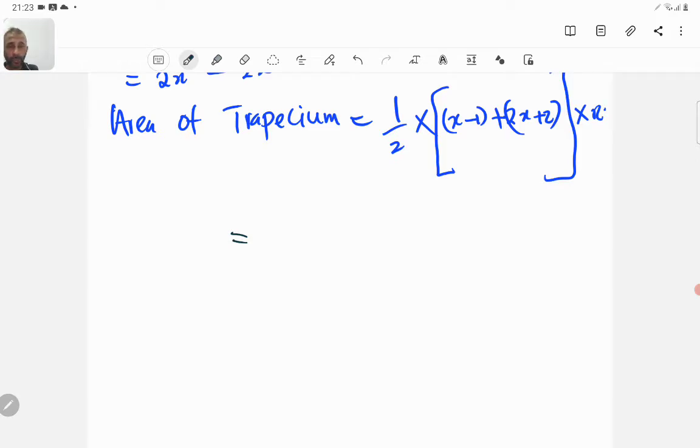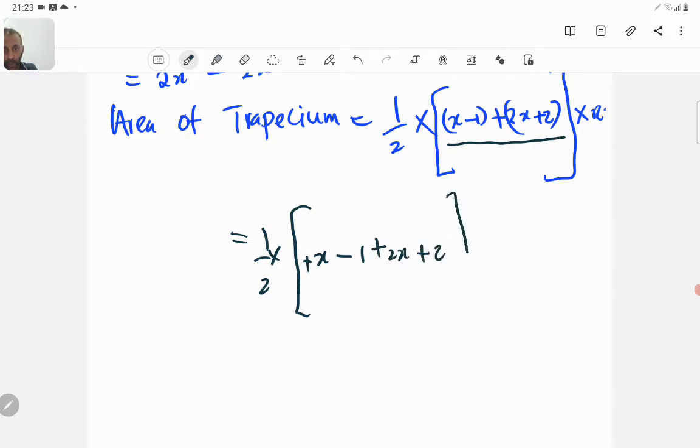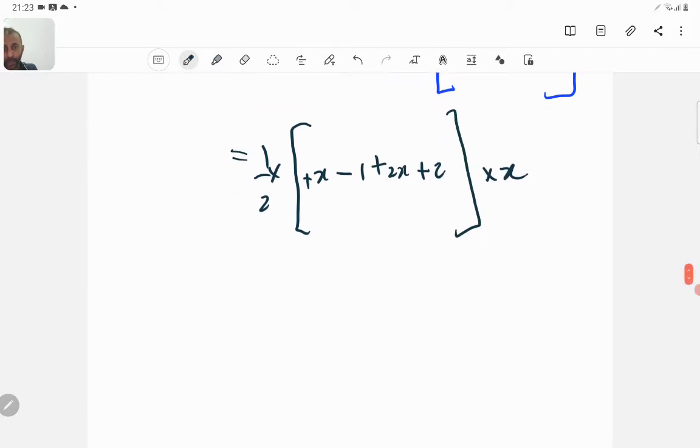The second one is half into, let's first simplify the expression within the bracket. So let's expand the internal bracket: x minus 1, plus x, minus 1, plus 2x, plus 2 into x. So if you do that, half into, here plus x, here plus 2x, so it becomes 3x, and then here minus 1, here plus 2.